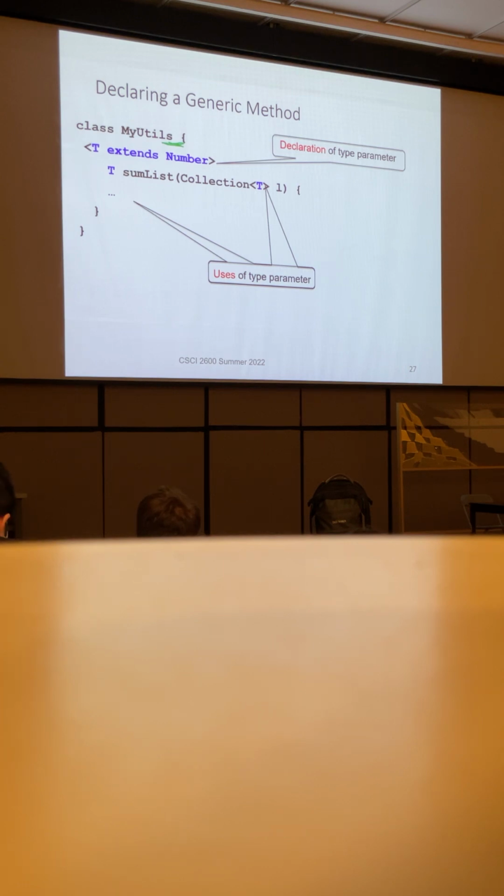To define the type parameter for a method, we have to put the type parameter before the return type of the method. Not after the name of the method, which would be here. No, not here, because for the class we don't have anything else. When we define a class, after the name of the class, we only have the opening curly brace that starts the definition of the class.